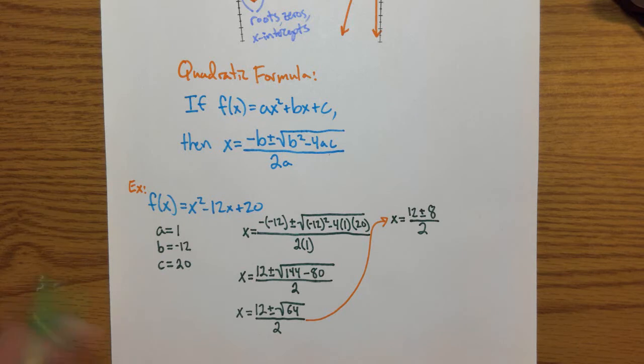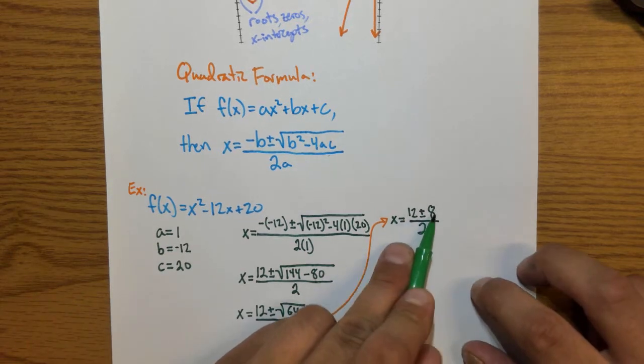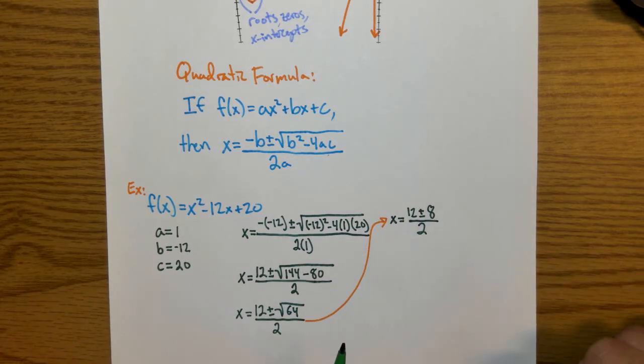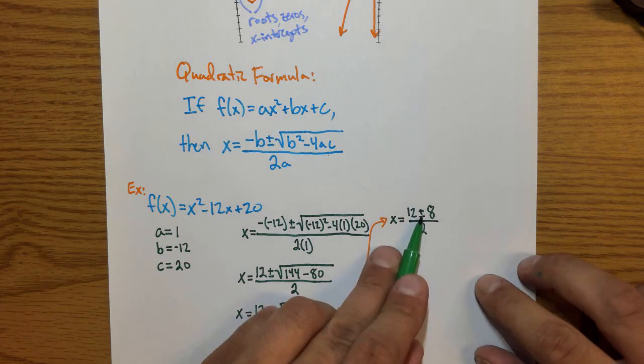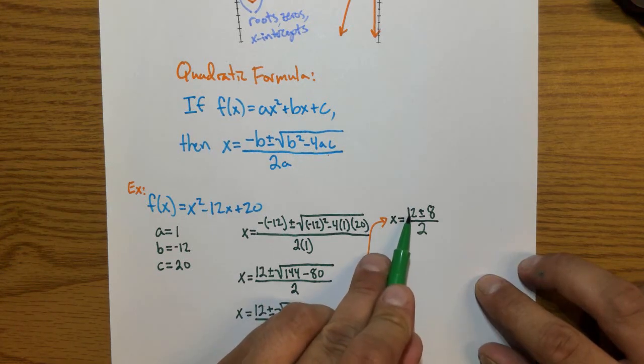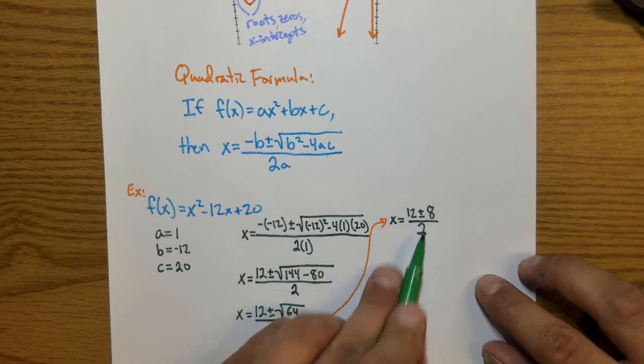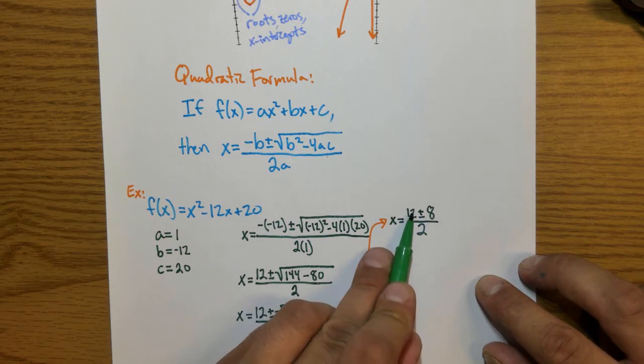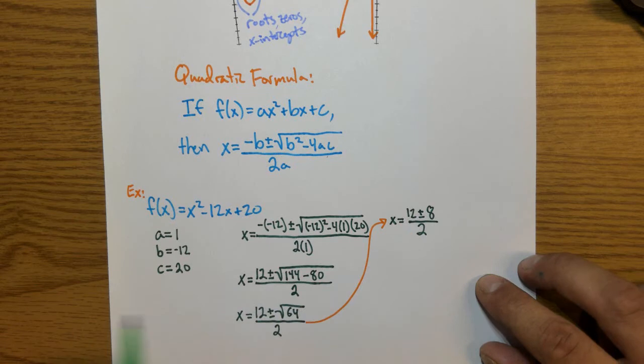Okay. So now you see that we have 12 plus or minus 8 divided by 2. This plus or minus means that one equation is going to be 12 plus 8 divided by 2, and the other one is going to be 12 minus 8 divided by 2.